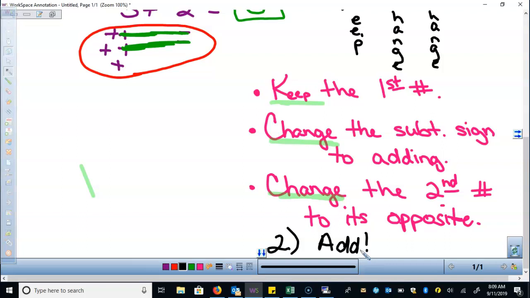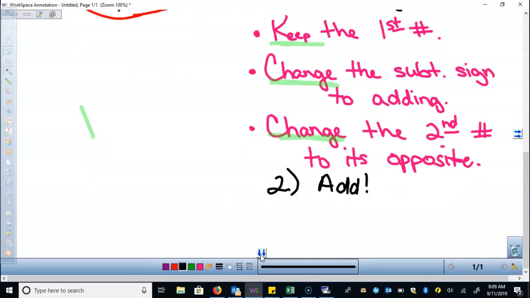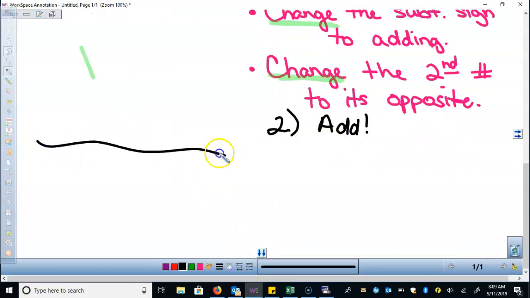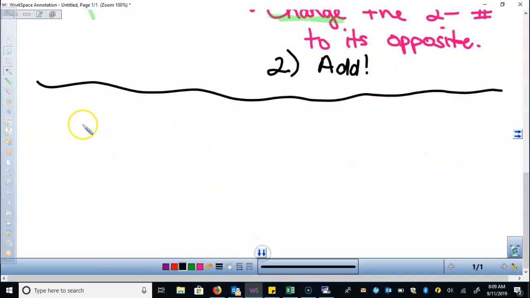Okay. So what's step one? Nice and loud. Good. What's step two? There you go. And you got it. Okay. Easy peasy. That's it. How weird is that?